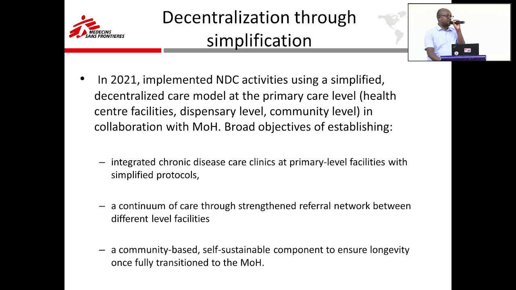The other one was to create a continuum of care. In the 2 primary care facilities, we are supposed to see patients who are stable, and those with complications go to the level 4 facility. At that time, Homa Bay Teaching and Referral Hospital was a level 4 hospital.